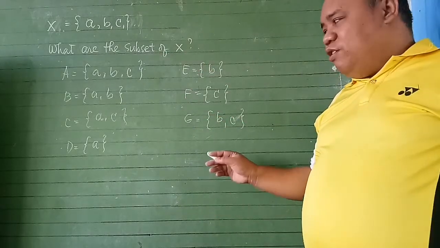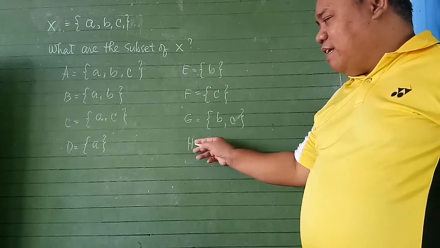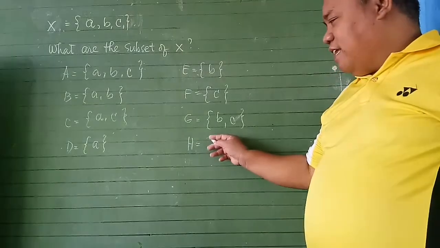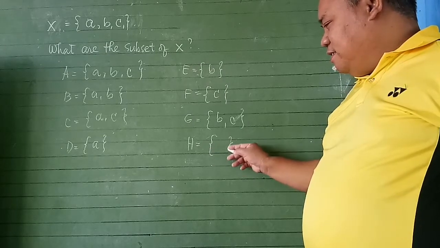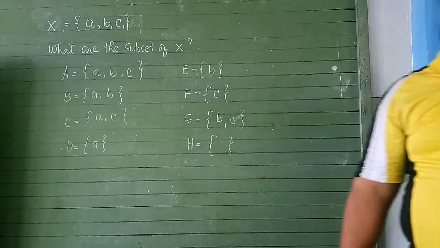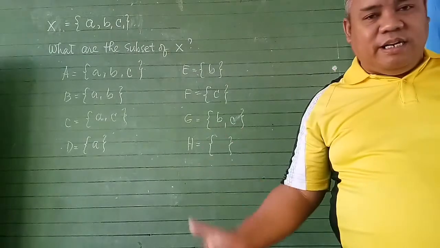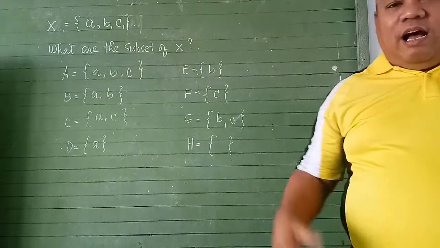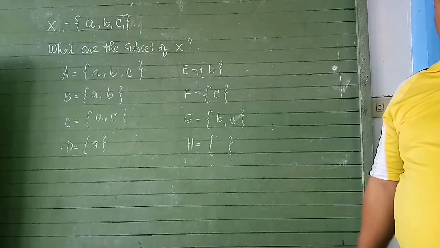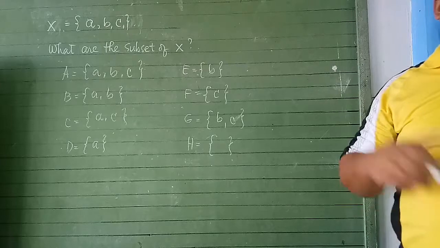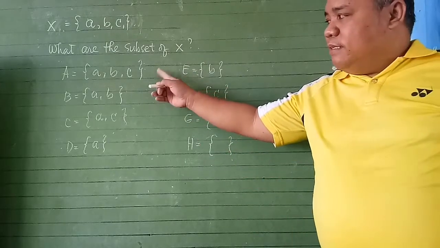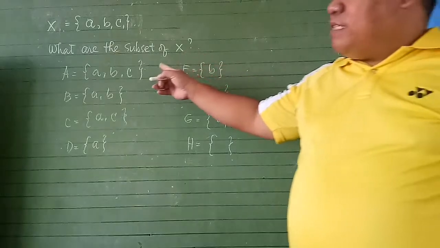What will be the last? What do you think will be the last set that is a subset of X? Yes, a null set. Okay. Take note, you should remember this. An empty set is a subset of any set. So ibig sabihin, lahat ng set na empty is a subset ng lahat ng set. Else, a set is a subset of itself.